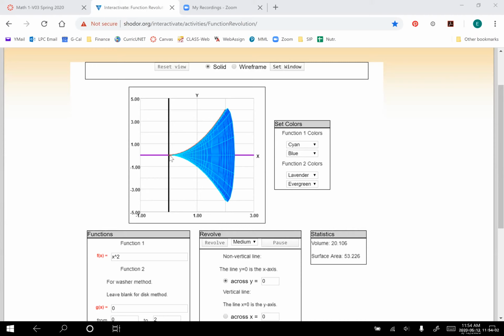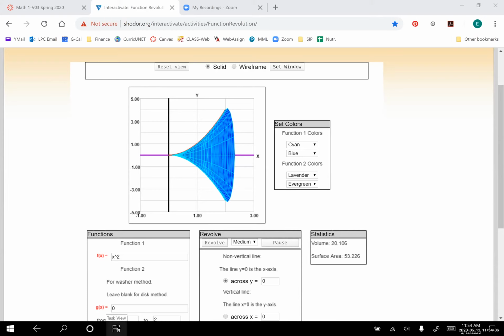Or if you're looking as we go from x equals 0 to 2, you start with the radius of 0 and then it grows out to that big radius of 4. So that's what we're looking at. But you are totally right. The radius is changing as we move through the different x values on this graph.